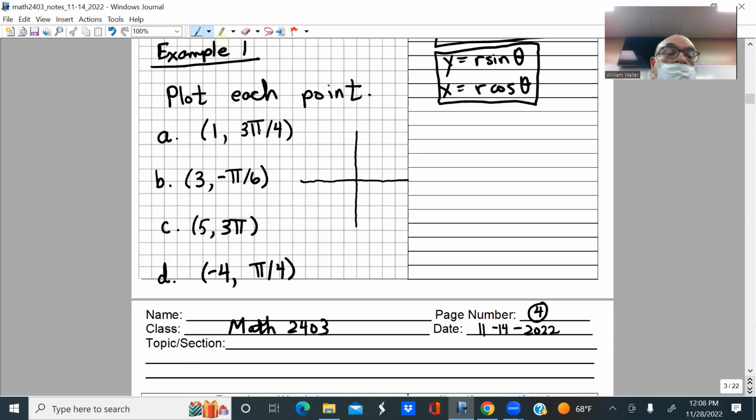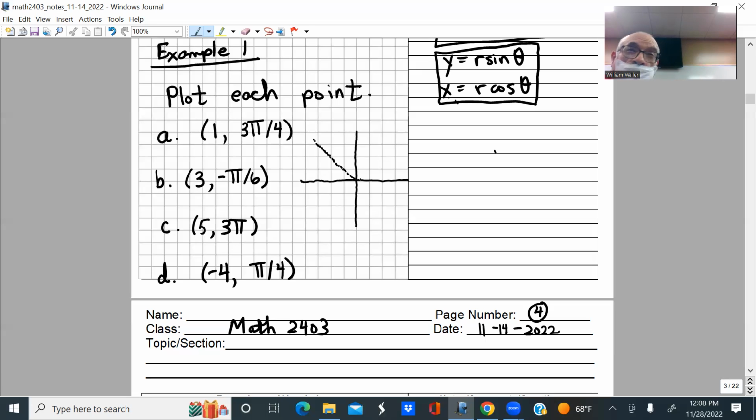It's going to be in the second quadrant. The angle is 3 pi over 4, a multiple of pi over 4. So you're going to have a 45-degree line, but it's the 45-degree line that goes into the second quadrant. So there's the angle 3 pi over 4. Then along that line, you need to find distance 1 away from the origin.